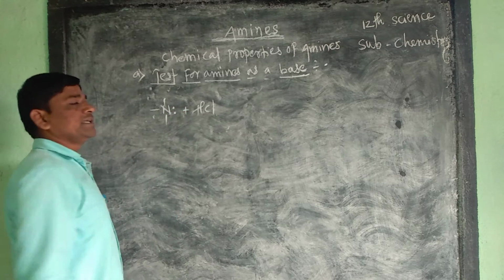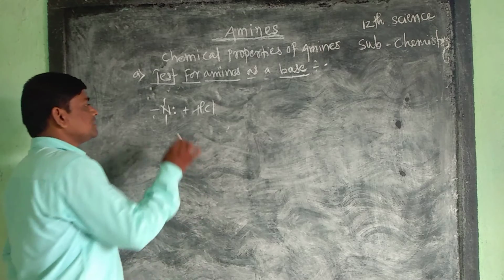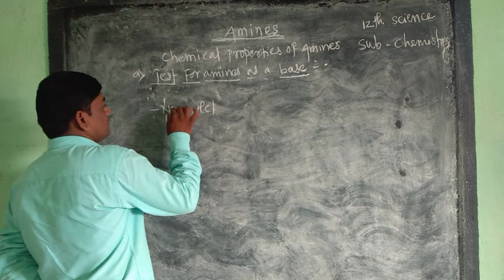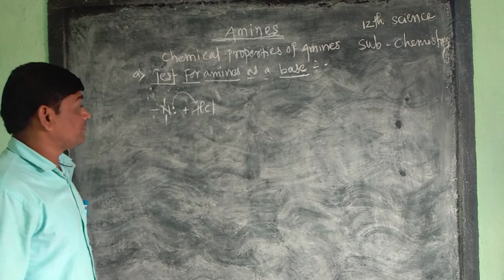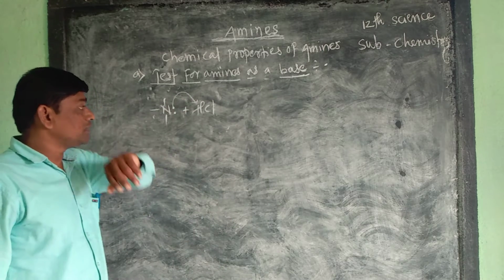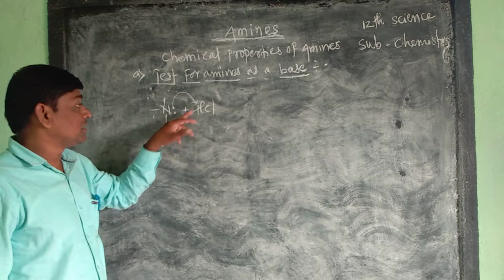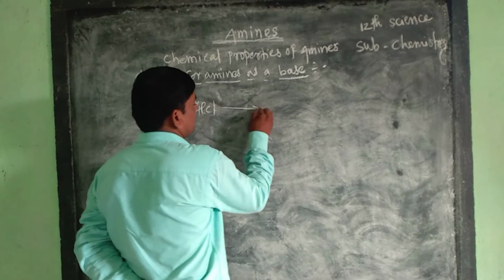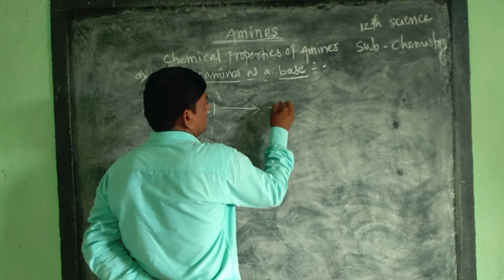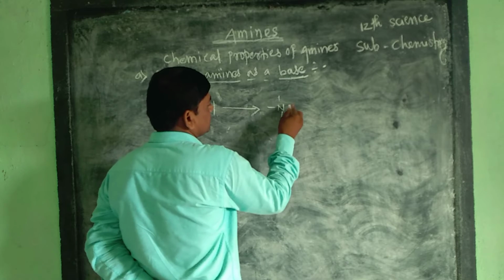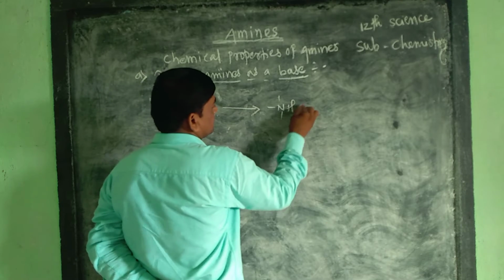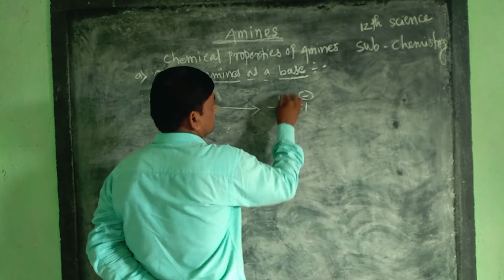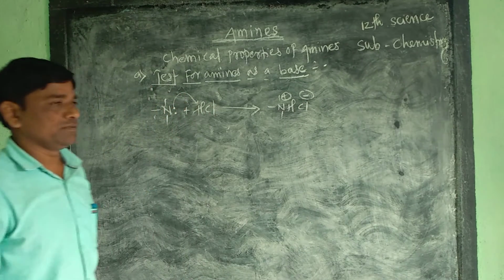According to the Lewis theory, this electron pair can be donated to the hydrogen, and then a substituted compound is formed, with H, Cl minus, and nitrogen containing a positive charge.